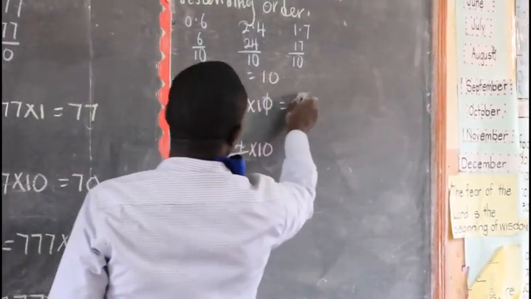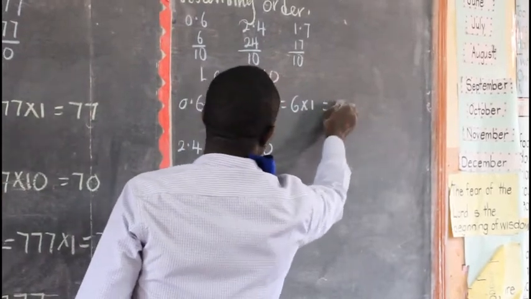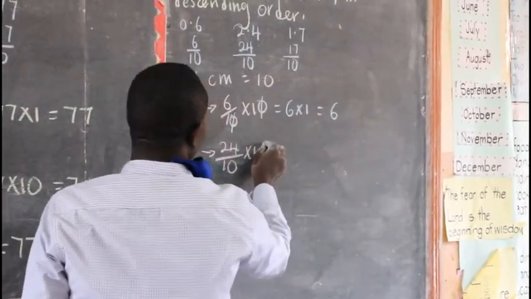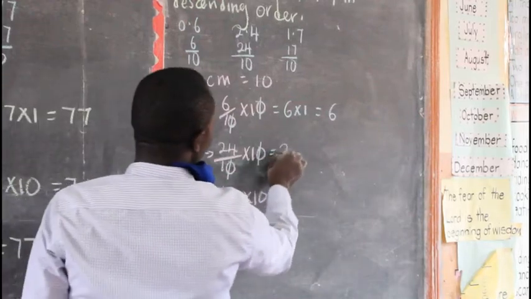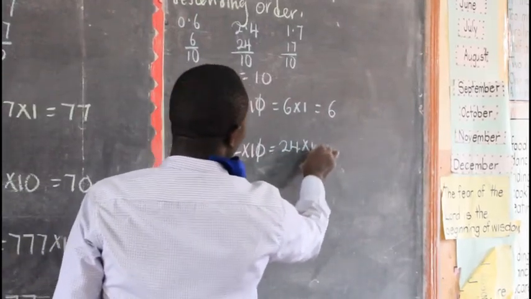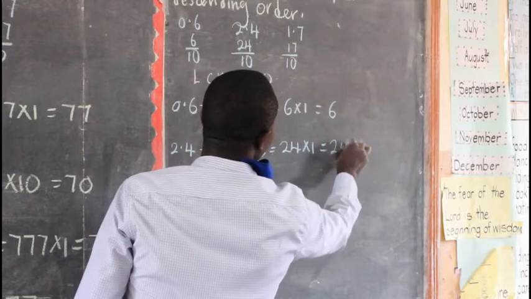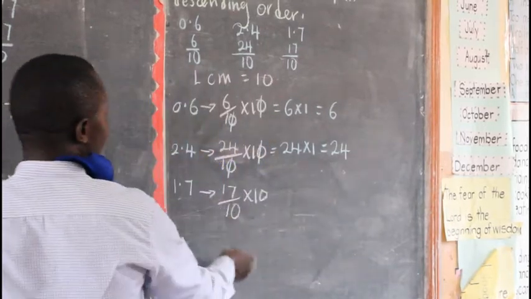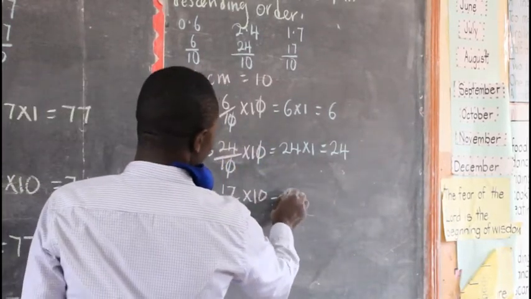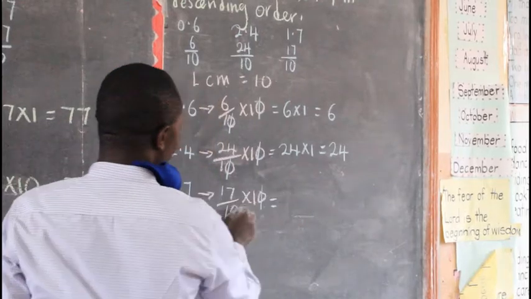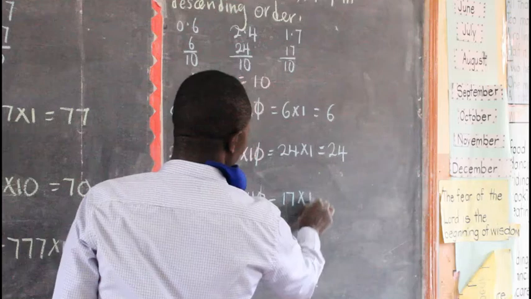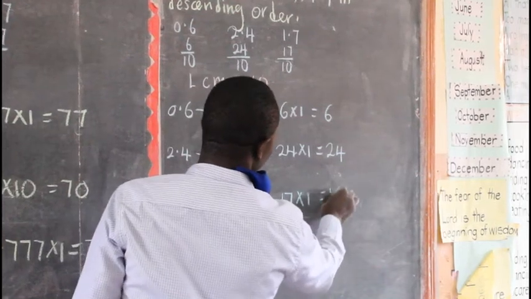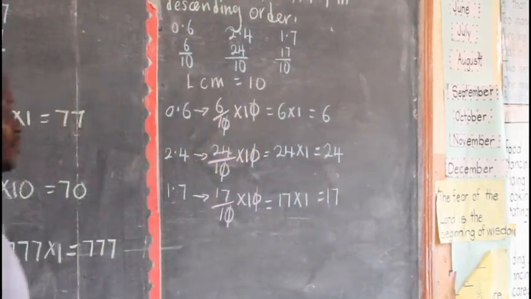Here you divide, with the 6 times 1, giving us 6. Then here divide a 0 with a 0. Remain with 24 times 1, giving us 24. Then here we divide a 0 with a 0, remain with 17 times 1, giving us 17.